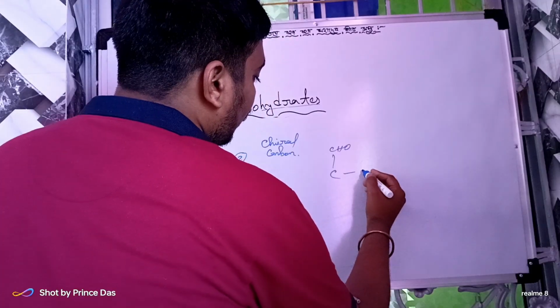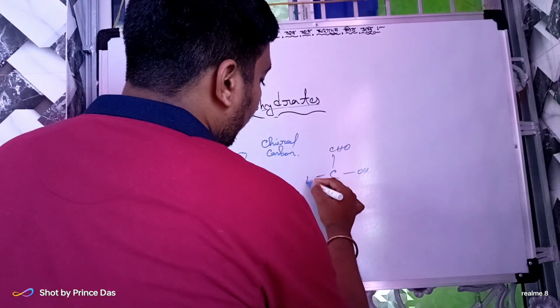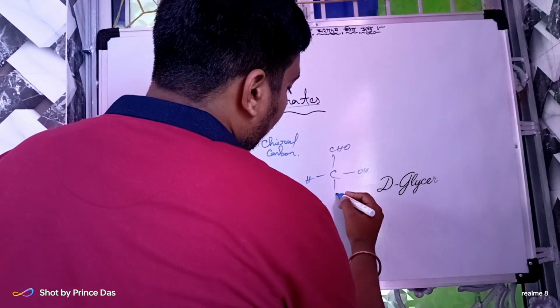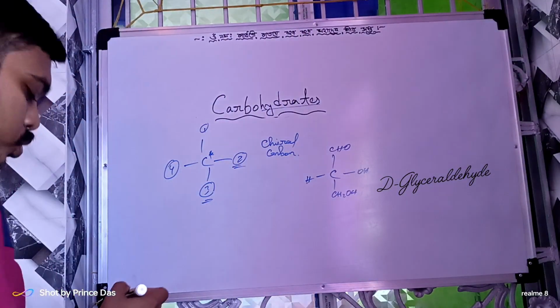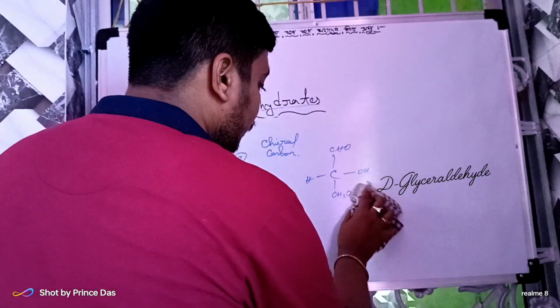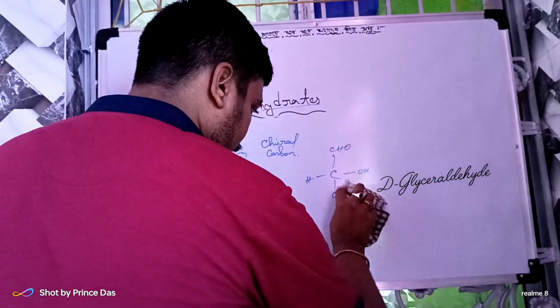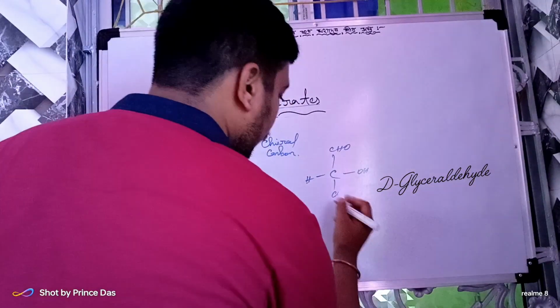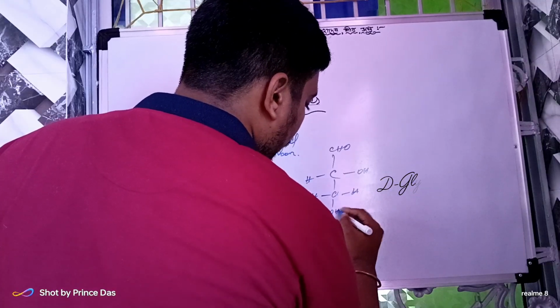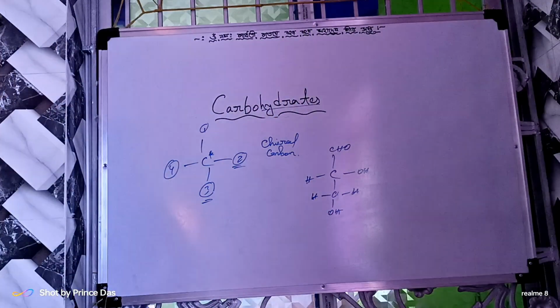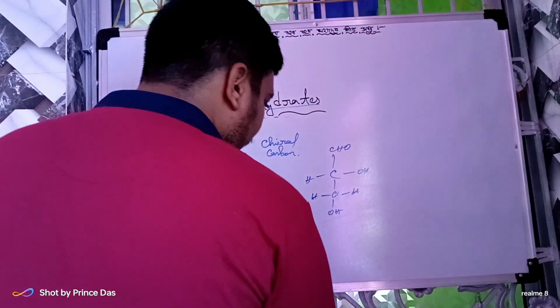Here we can write OH, H, and CH2OH. If we divide CH2OH, then it will be like this, or you can write like this.